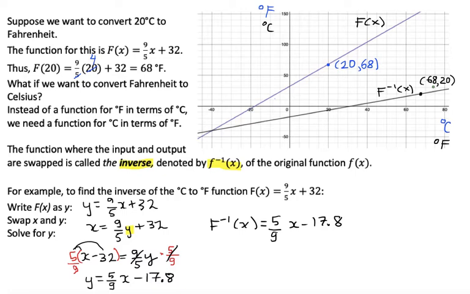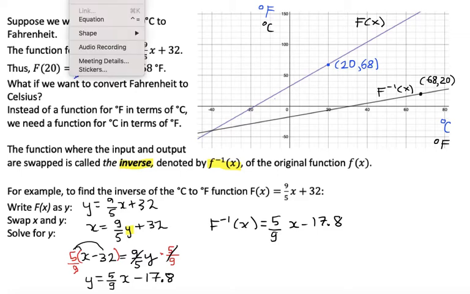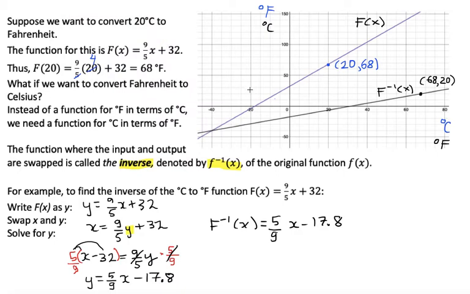A couple of properties of the inverse function. For any function that we draw, all the x and y values will always be swapped, and it will always be symmetrical about the line y equals x.